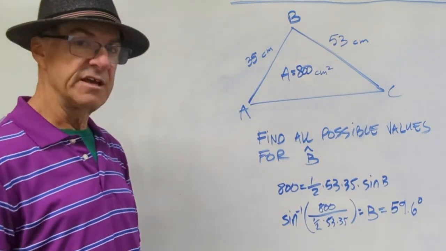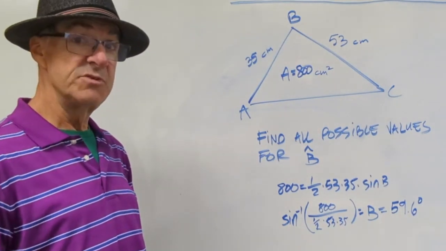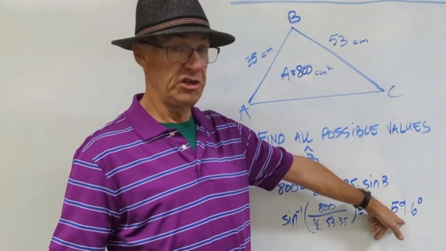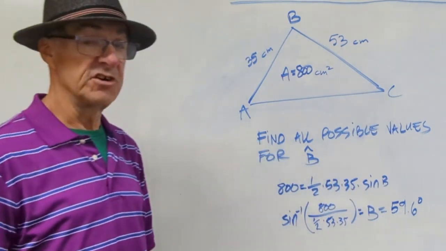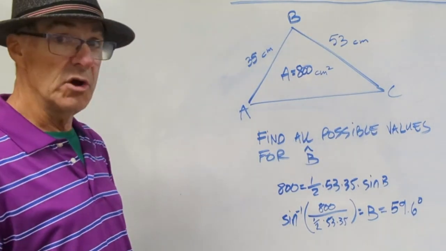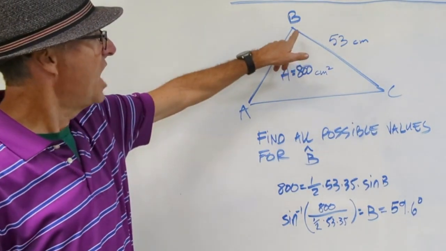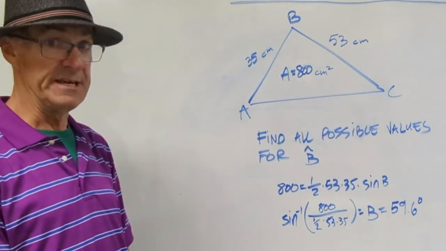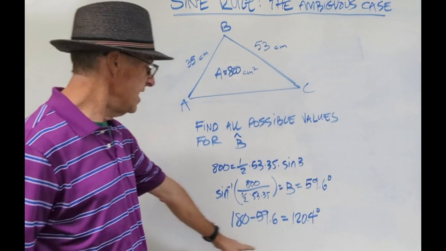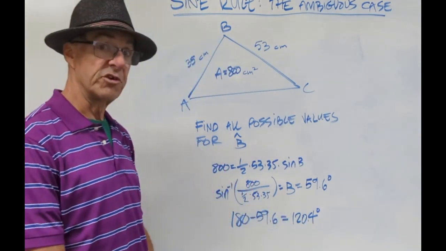So now I'm thinking, okay, maybe I have this ambiguous case. The sine function gave me an angle that's acute. Maybe the angle I'm after is really obtuse. And that is indeed the issue here. So go ahead and pause the video and find the other possible measure of angle B. All right, so if I subtract 59.6 from 180, I get 120.4 degrees.